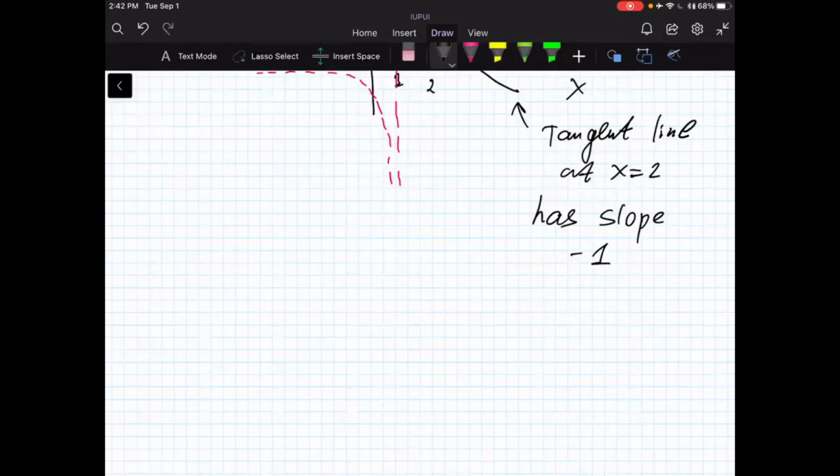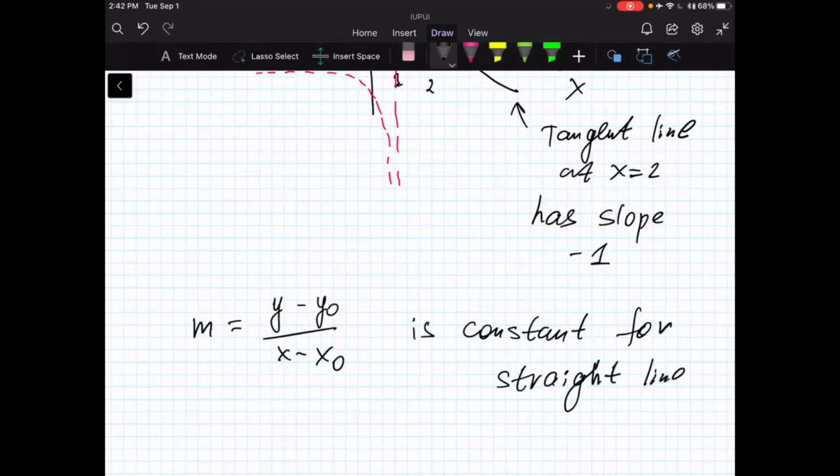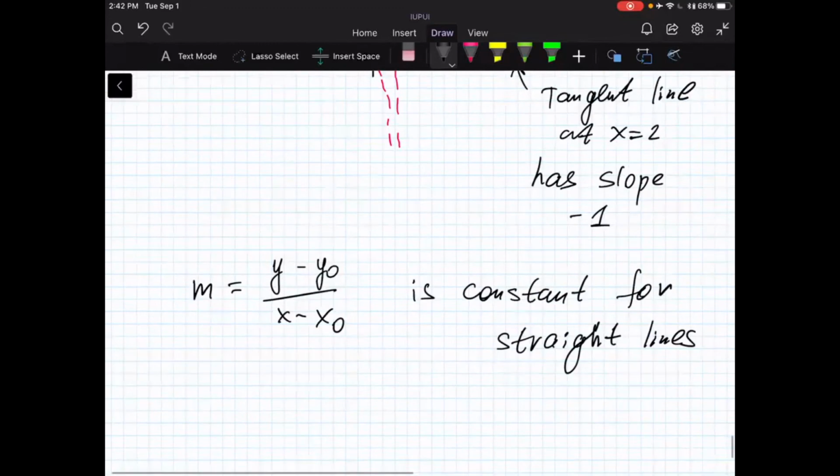Because what we discussed is that for a straight line, m, which is y minus y naught divided by x minus x naught, is constant, right? And the tangent line is a straight line, and what we calculated is that in our case m is equal to minus 1.